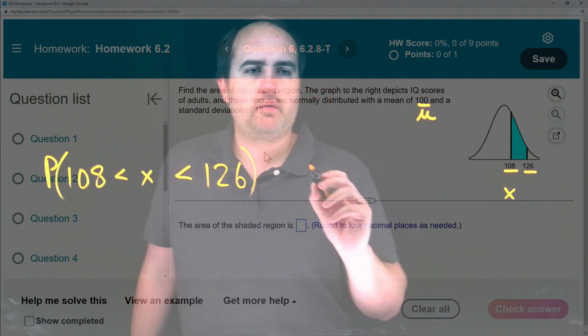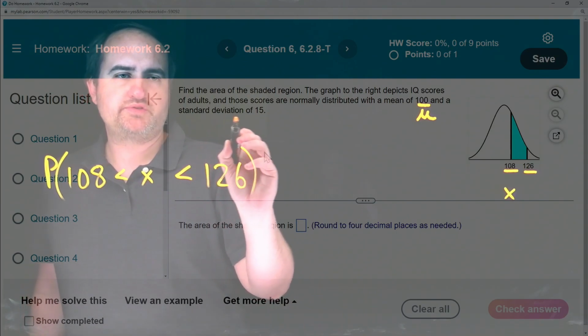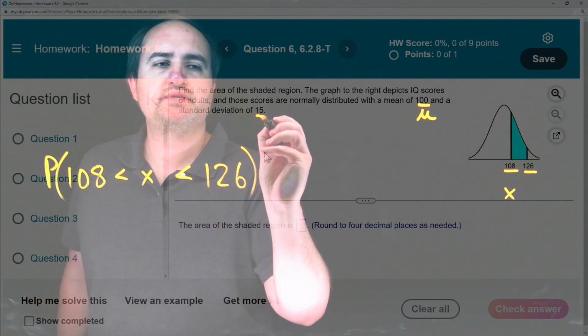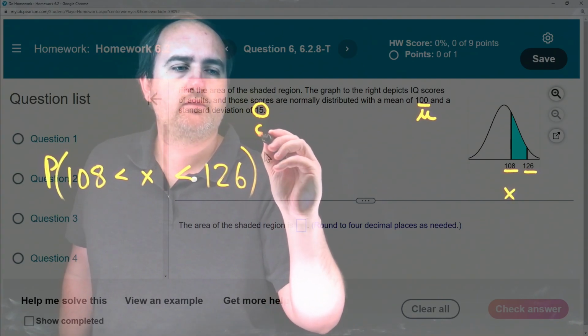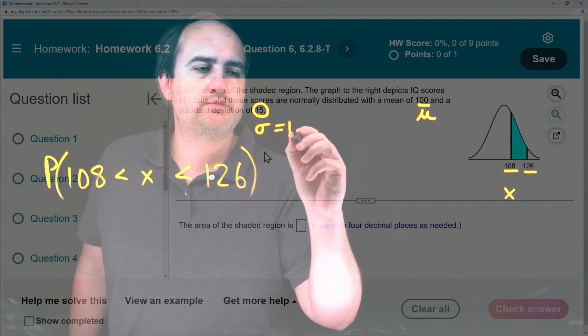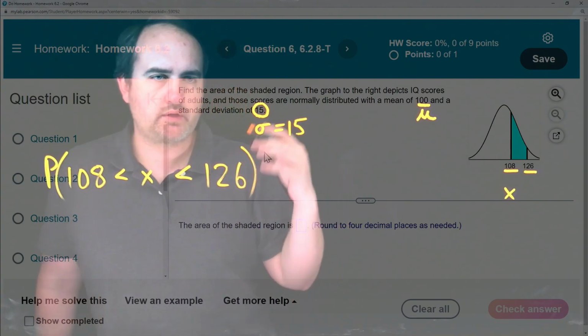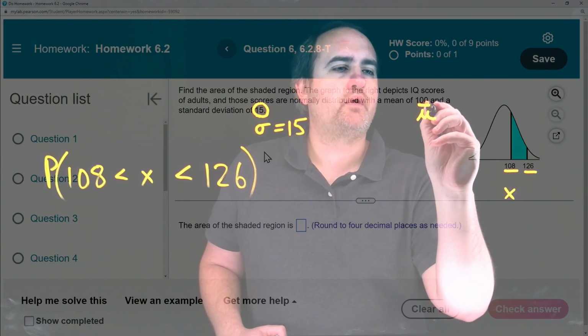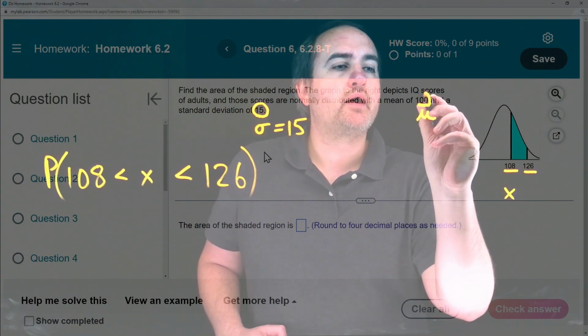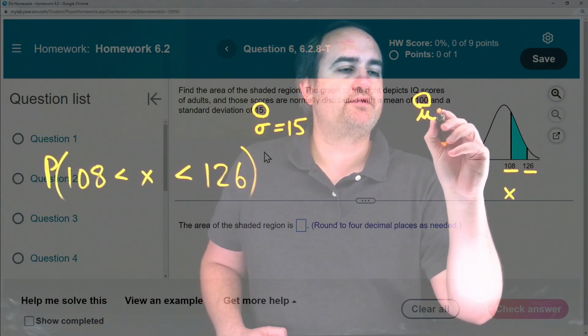And then sigma is the standard deviation, so sigma is 15. In fact, let me write all that so that we don't have to keep trying to read over what's already written. So mu is 100 and sigma is 15.